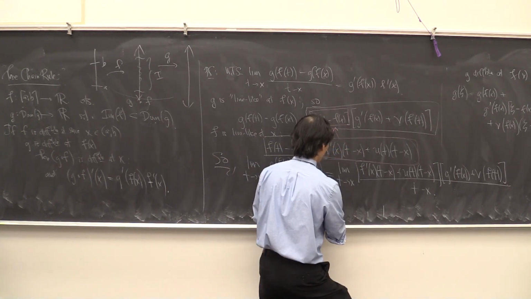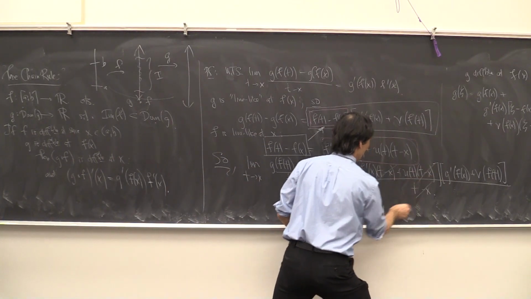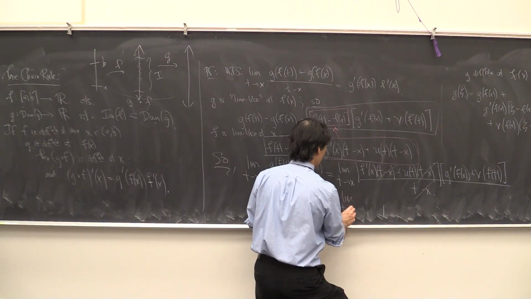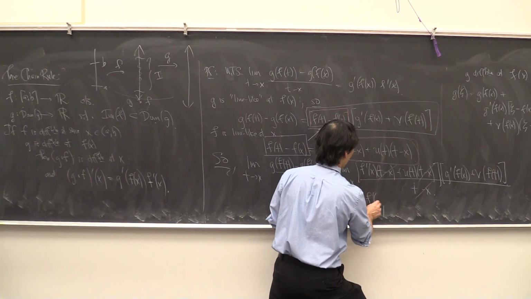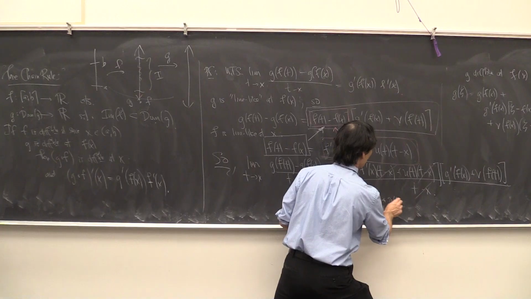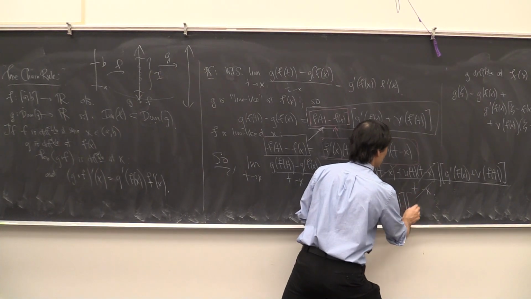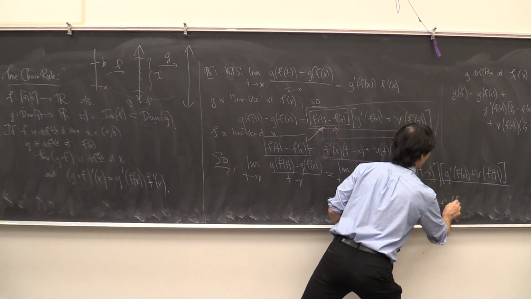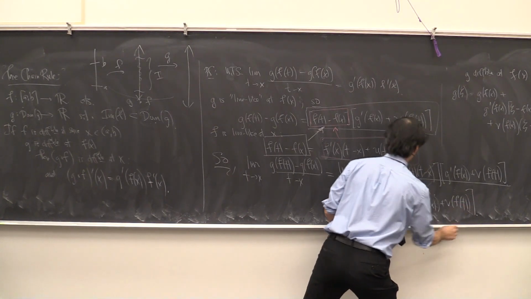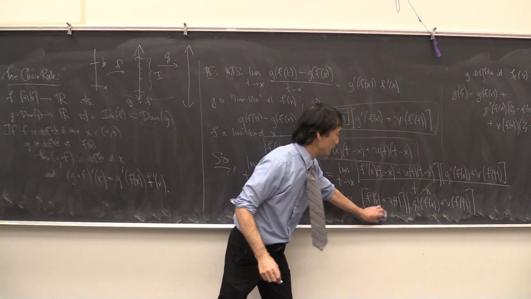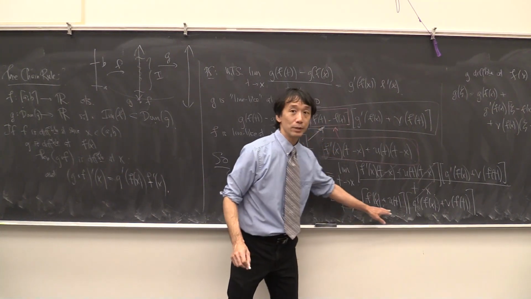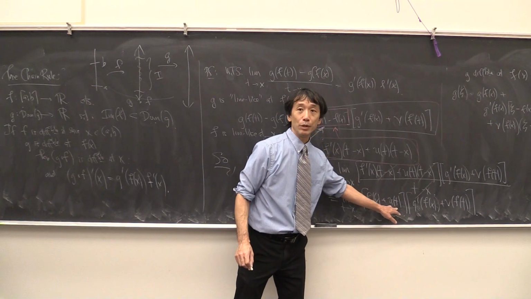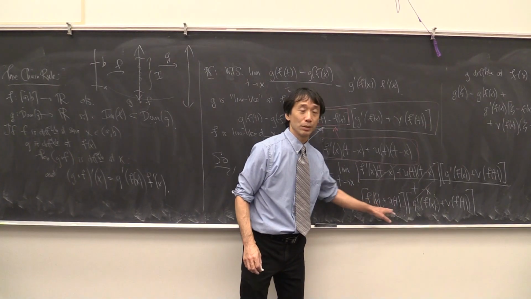Okay, so what happens? These, of course, cancel out. You get the limit as t goes to x of f prime plus u of t times g prime f of x plus v f of t. But as t goes to x, what happens to u of t? It vanishes.